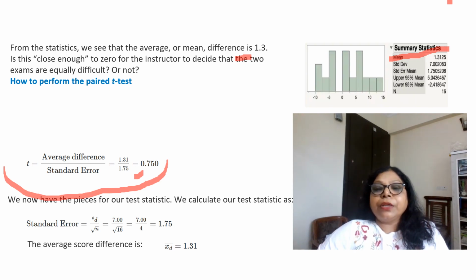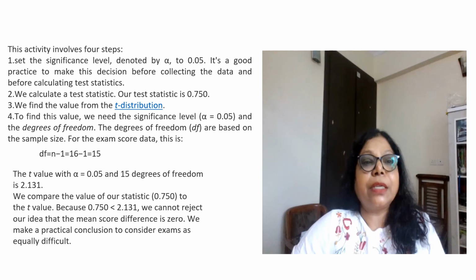Now, seeing this statistic, we need to make our decision. We need to compare the test statistic to a value from the t distribution. This activity involves four steps. We need to decide on the risk we are willing to take.